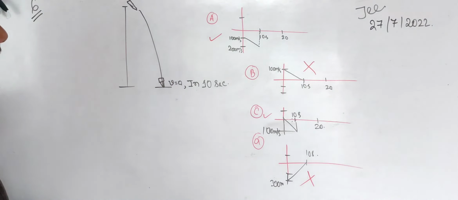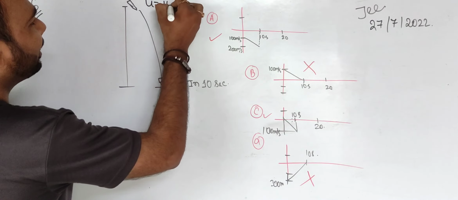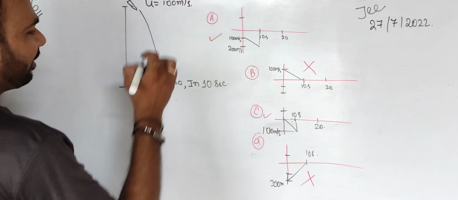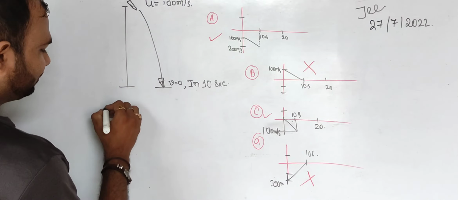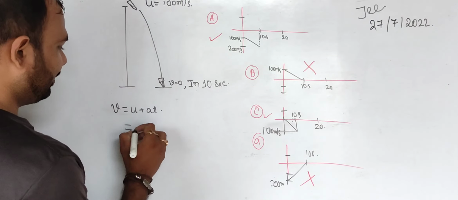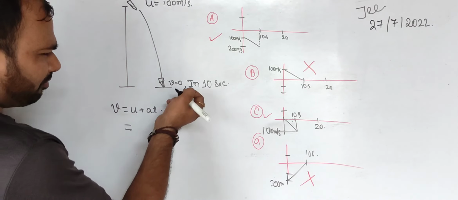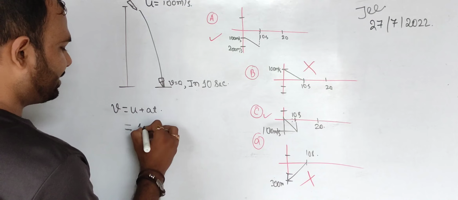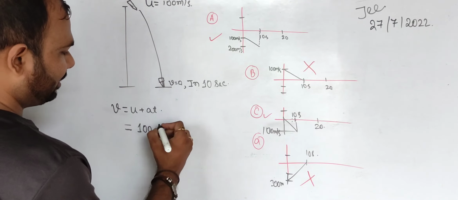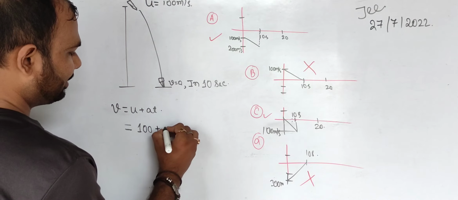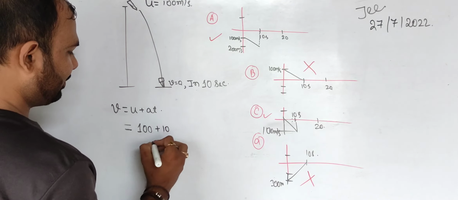We can calculate this. Initial velocity u equal to 100 meter per second. After 10 seconds, what will be the velocity? This is the final velocity before coming to rest, just before. Initial velocity is minus 100. The gravity, consider this as 10.